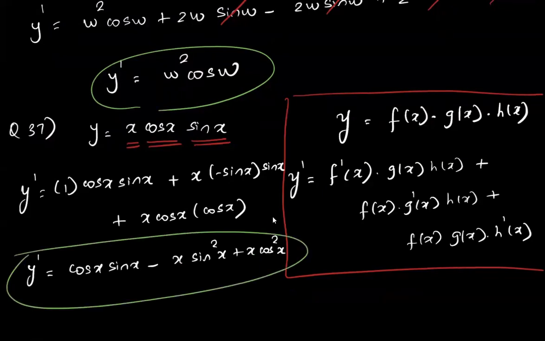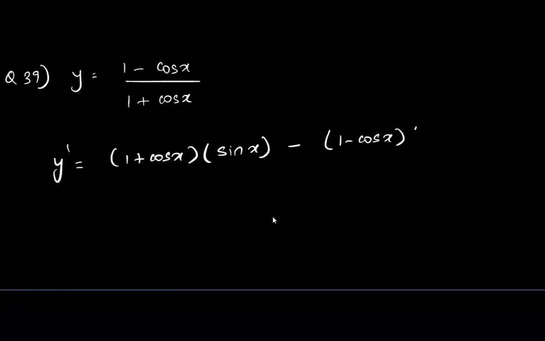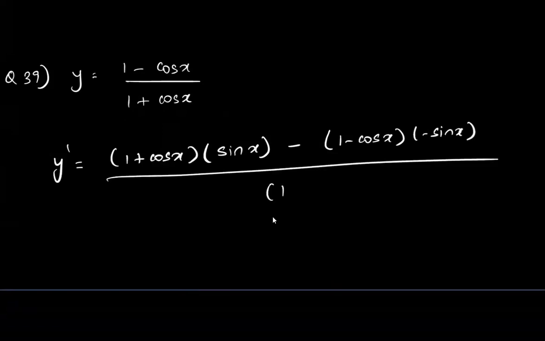All right. Next problem, I'm going to use the quotient rule. So when I use the quotient rule, I bring the denominator up. I take the derivative of the numerator. So derivative of cosine is negative sine, but since there is another negative in the front, the negative times a negative makes it a positive. Minus, I keep the numerator and take the derivative of the denominator, all over the denominator the whole square.